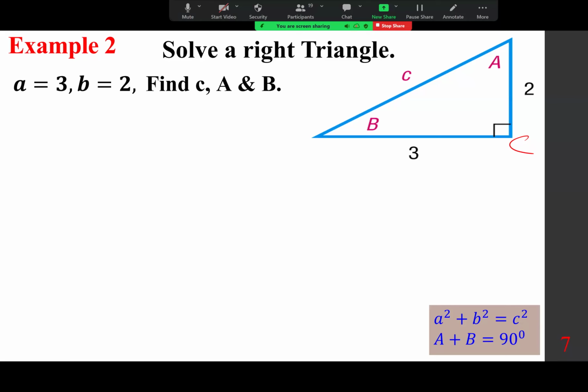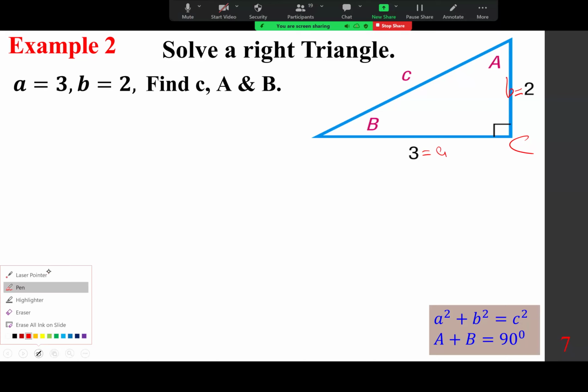And this one is lowercase b across the vertex B. This is the lowercase a across from the vertex A.